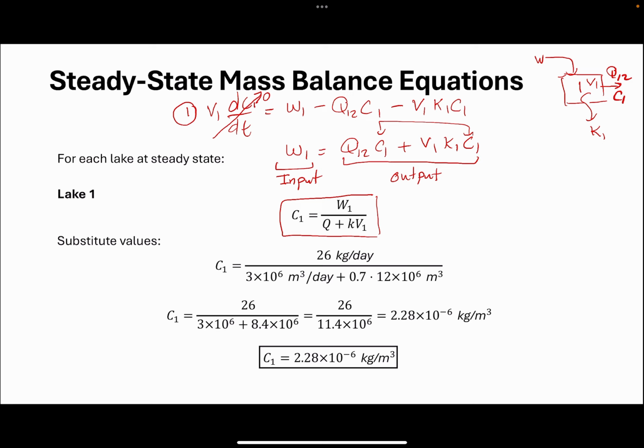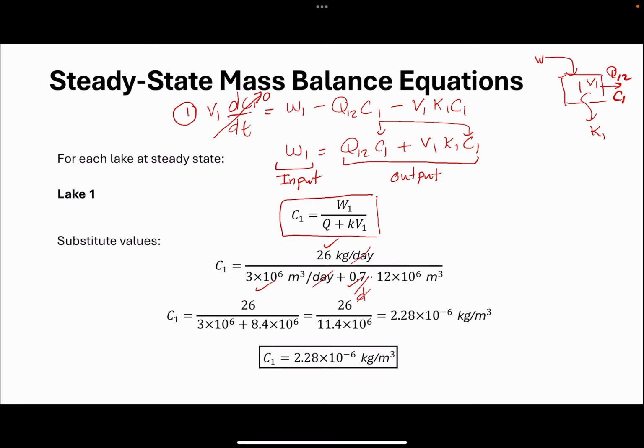So the load 1 is 26 kilogram per day. The flow rate is 10 to the 6 meter cubic per day. K is 0.7 per day. And V1 is 10 to the 6 meter cube. You can see here meter cubic per day, meter cubic per day, so you cancel day with day and end up with kilogram per meter cube.